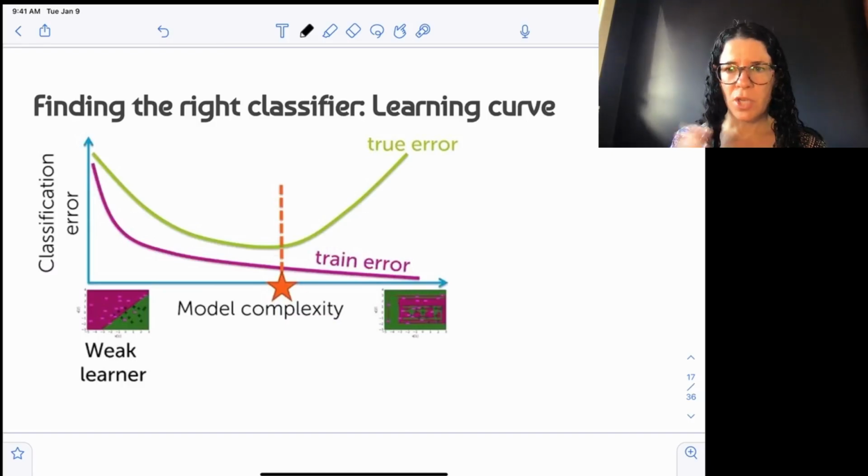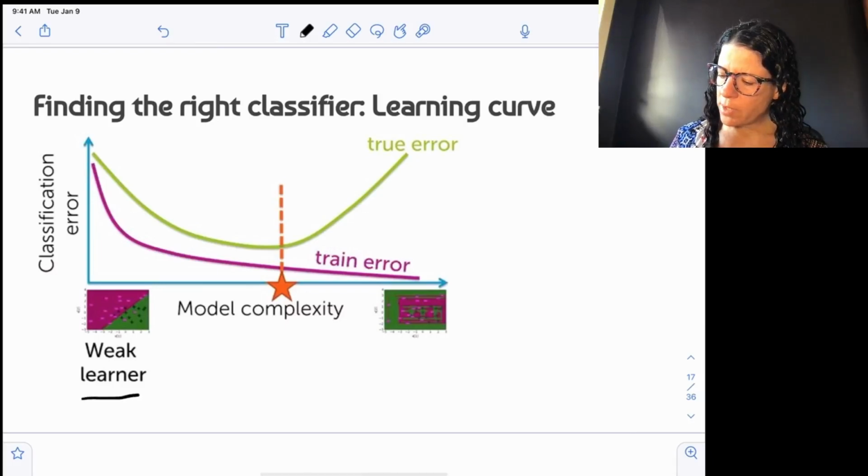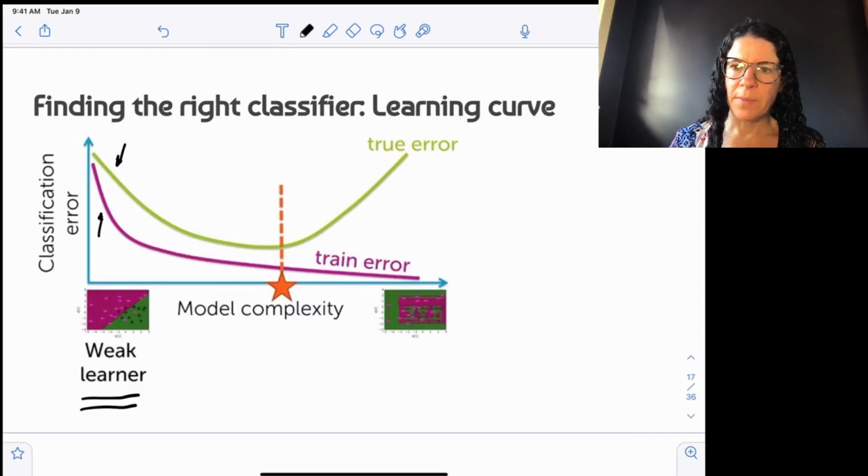When we have a weak learner, meaning the complexity of our model is low, our training error, this curve here, and our validation or true error are both kind of high.